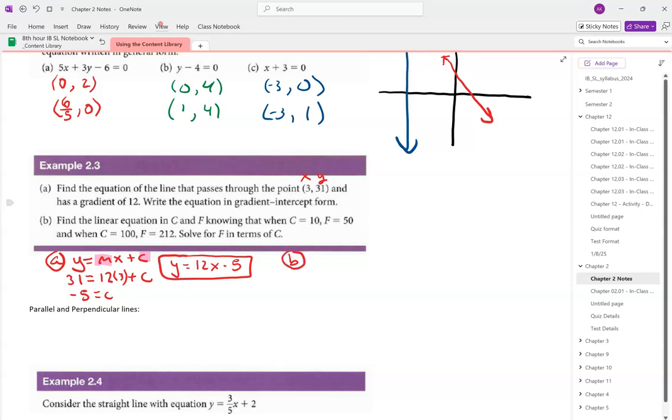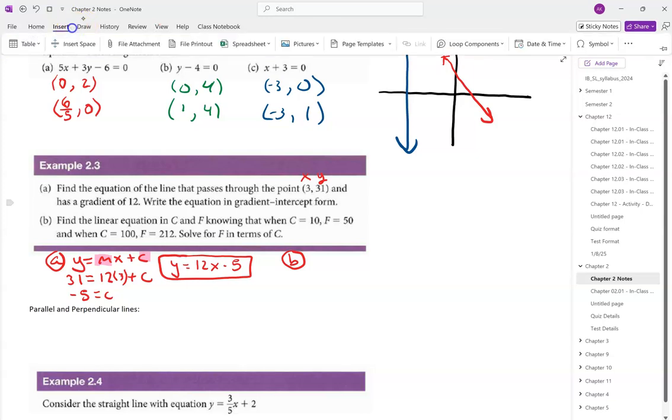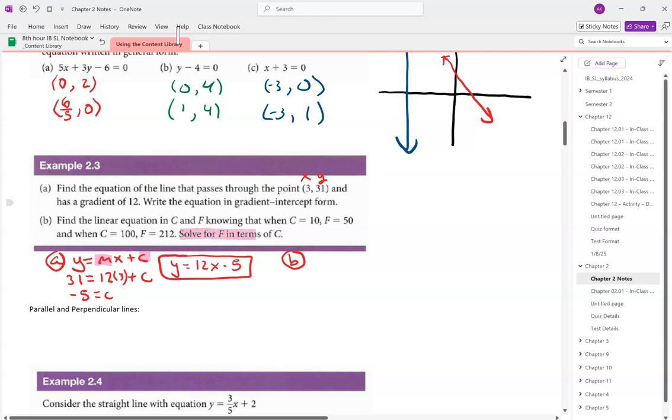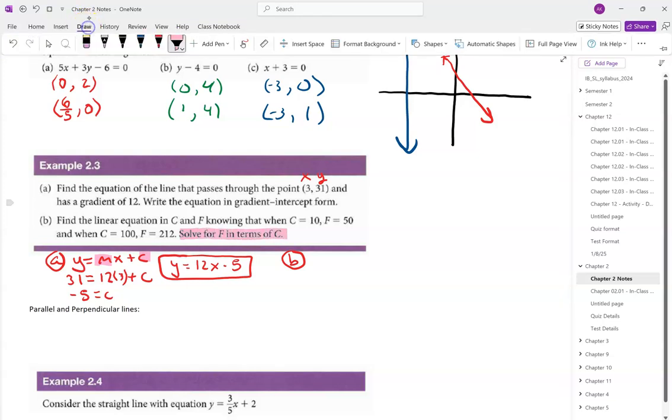Okay. Does that all look familiar to you guys? Part B says, find the linear equation in C and F, knowing that when C is 10 and F is 50, and that when C is 100, F is 212, then solve for F in terms of C. What type of equation for a line are we asking for if we want F in terms of C?